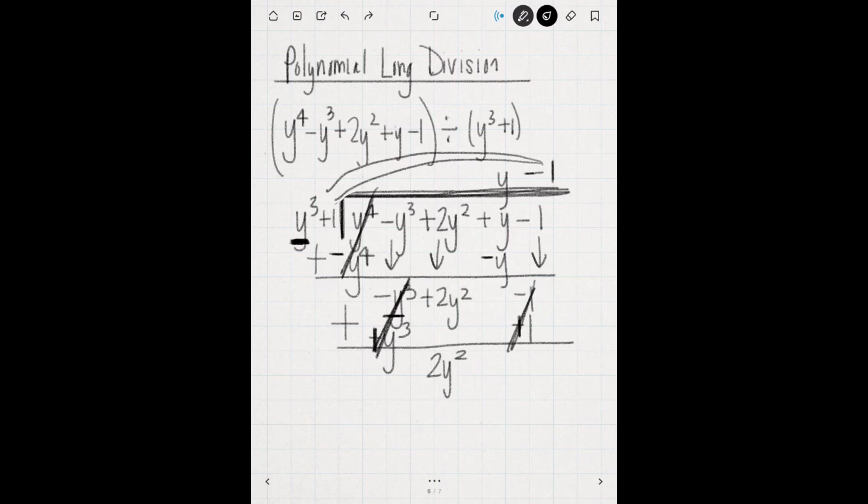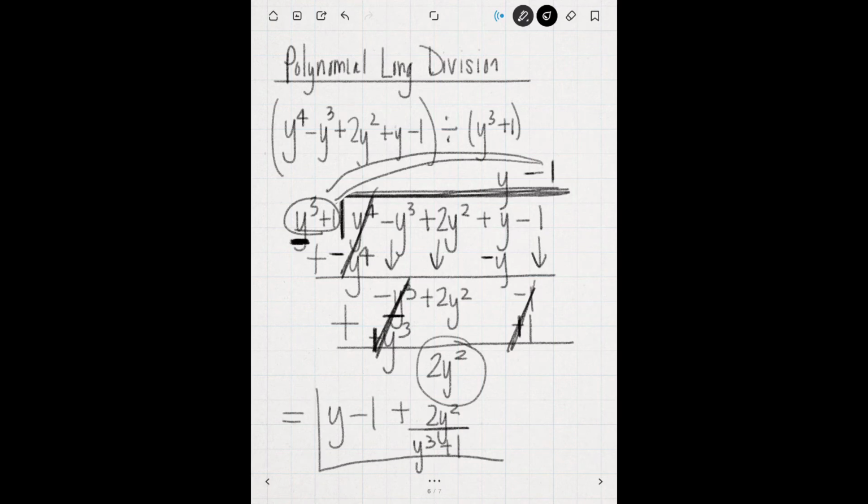So my answer is equal to y minus 1 plus, I take whatever I have left over, 2y squared, and I divide it by what's out in front, y cubed plus 1. This is my final answer.